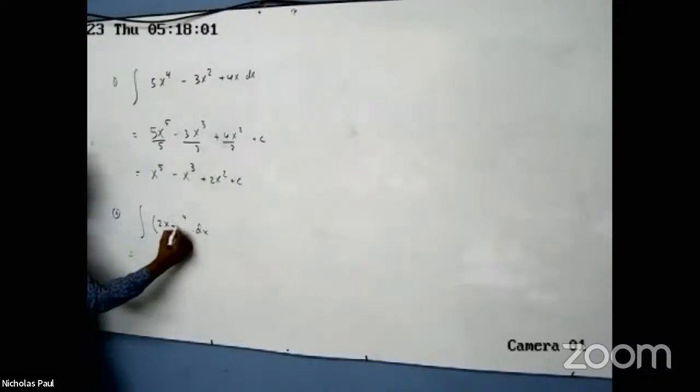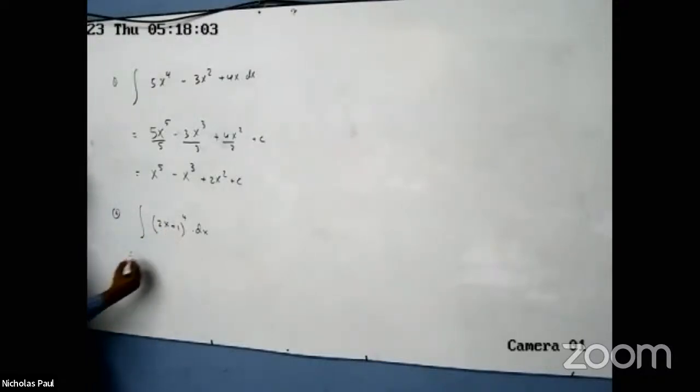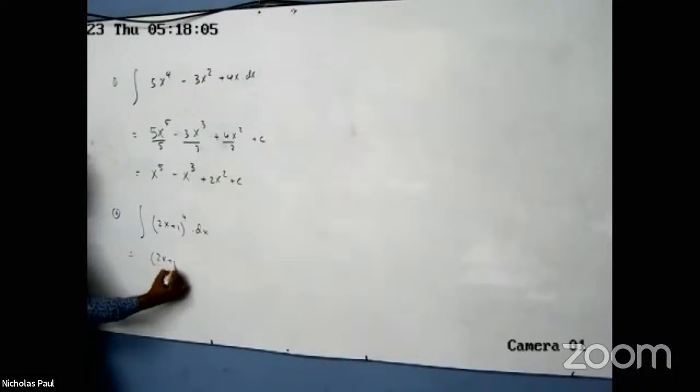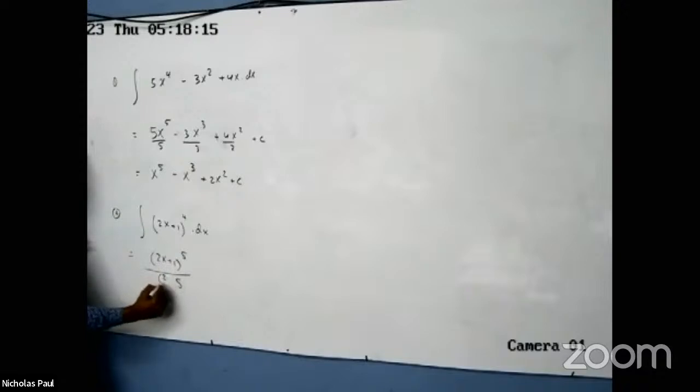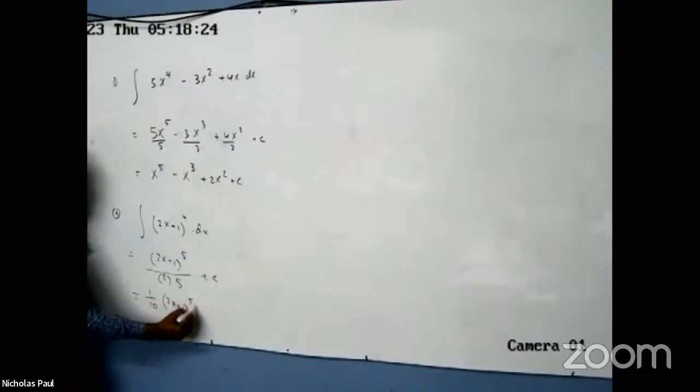Add 1 to the power, so you'll get 2x plus 1 to the power of 5. Divide by that new power and divide by what? The differential of the bracket. The differential of 2x plus 1 is 2. Right? So you'll end up with 1 over 10 by 2x plus 1 to the power of 5.